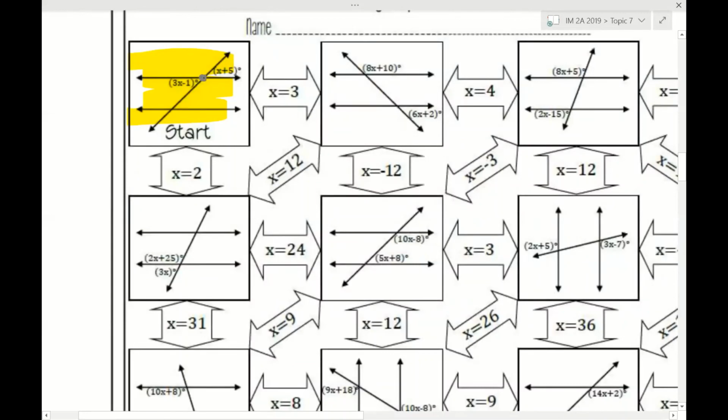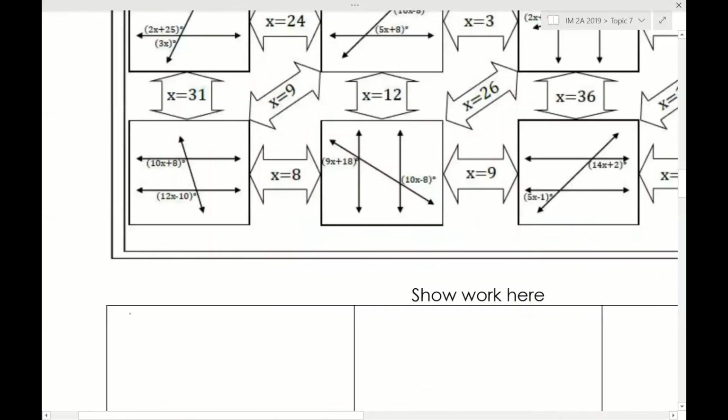So in that first box, you're going to do 3x minus 1 equals x plus 5, and solve that to find the value for x. Once you've solved it, then you're highlighting the arrow and going to the next box to continue.